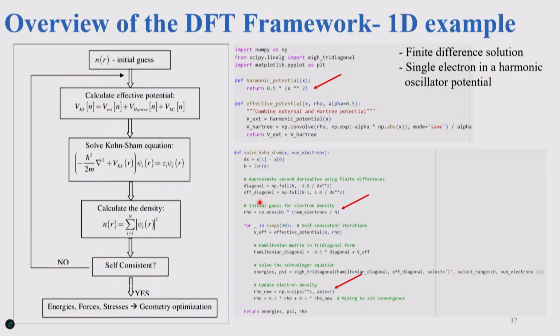First, I'll calculate the interaction using something like Q1, Q2 over R. But there are some more terms: external potential, Hartree potential, and then we put it in the Kohn-Sham equation. For each orbital, like K, L, M, we solve for psi i, and we calculate the density. From the density, the Hohenberg-Kohn theorem says that if you know the density, you know the energy.